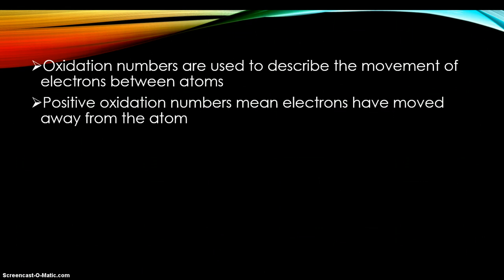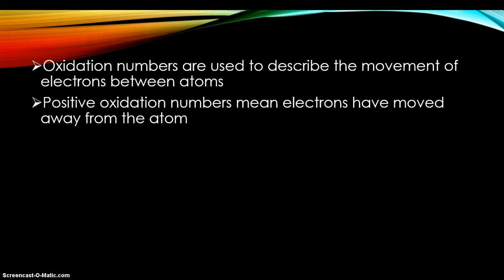Positive oxidation numbers mean electrons have moved away from the atom. That's a key thing to understand, what the positives and negatives mean. If an element or atom has a positive oxidation number, it means that the electrons have moved away. This would be like in an ionic bond, where a metal has lost electrons.